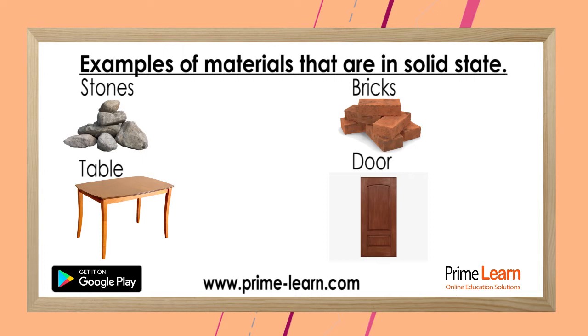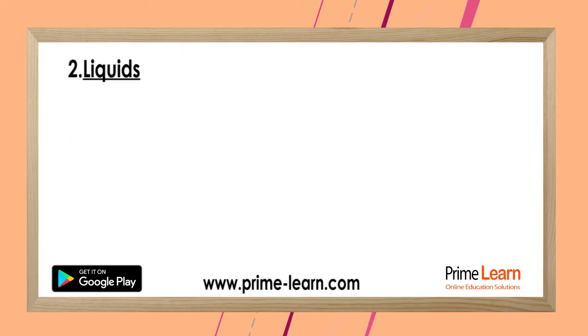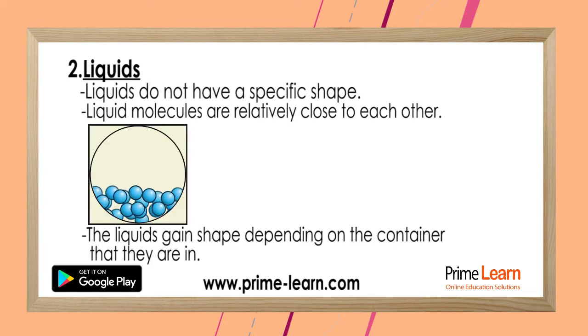My dear friend, having known about solids, let me still remind you about the liquids or the liquid state. When I talk about the liquid state, they don't have a specific shape. Liquid molecules are relatively close to each other. When you look at the molecules of the liquid state, as you can see here, their molecules are relatively close to each other, but not too close.